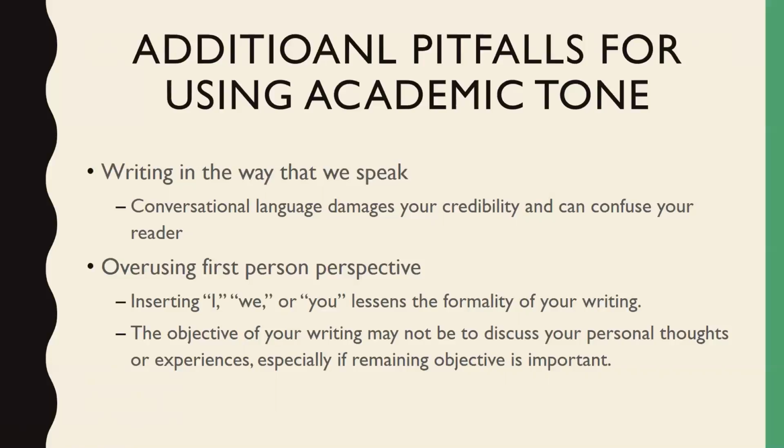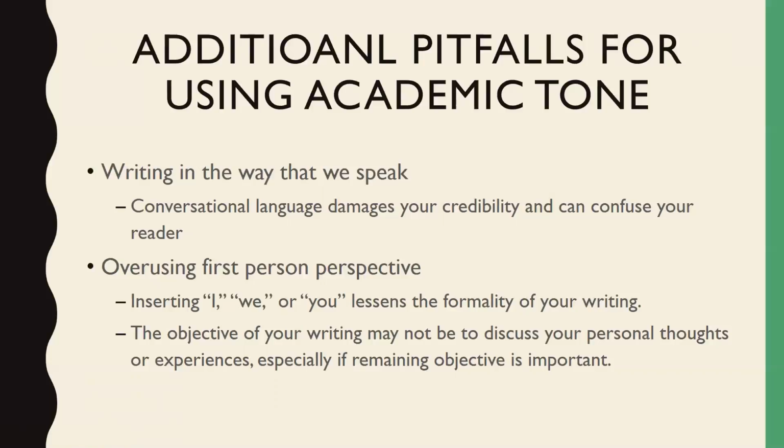So the use of I or we or you really does draw off of the formality of your writing. And so there are really simple ways to rephrase a lot of things so that they don't look as opinionated. The use of first person can make you look biased. And we talked about that at the very beginning, that when we establish academic tone, one of the goals is to be unbiased in the way that we come across to our readers.